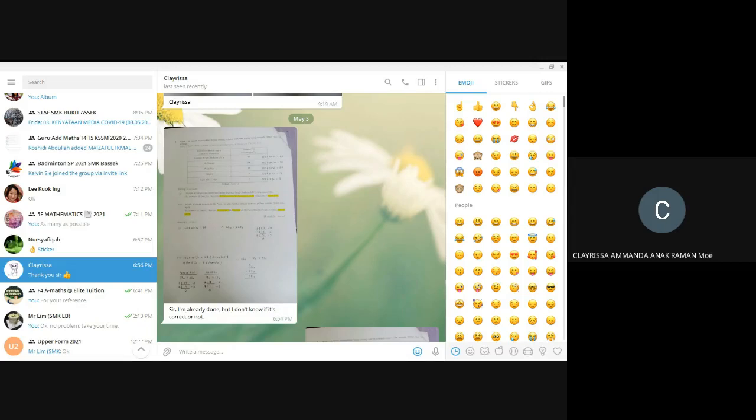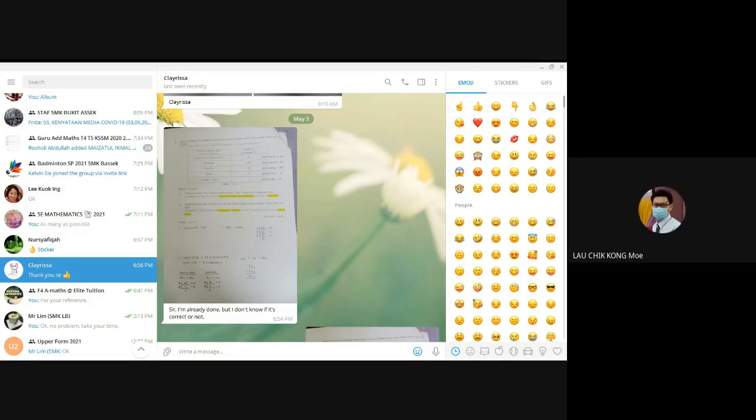So 27 is 36 base 7 for Pizza Hut, and 9 is 12 base 7 for Nando's. So 36 base 7 plus 12 base 7 equals 51 base 7.